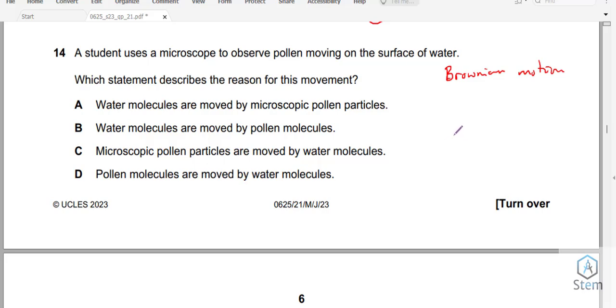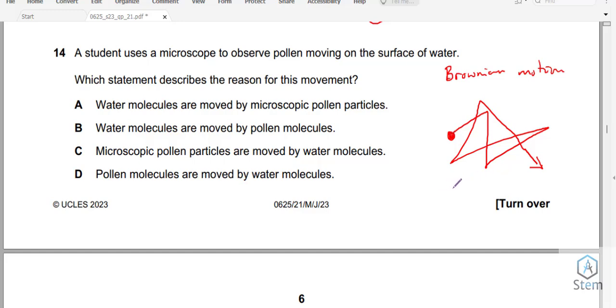Now, with Brownian motion, we observe visible particles making zigzag motion. And it might give you a conclusion that this visible particle is lifelike.